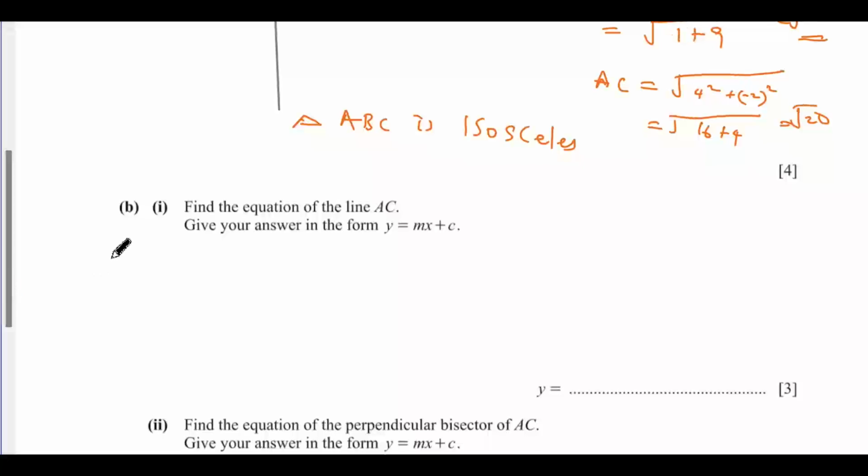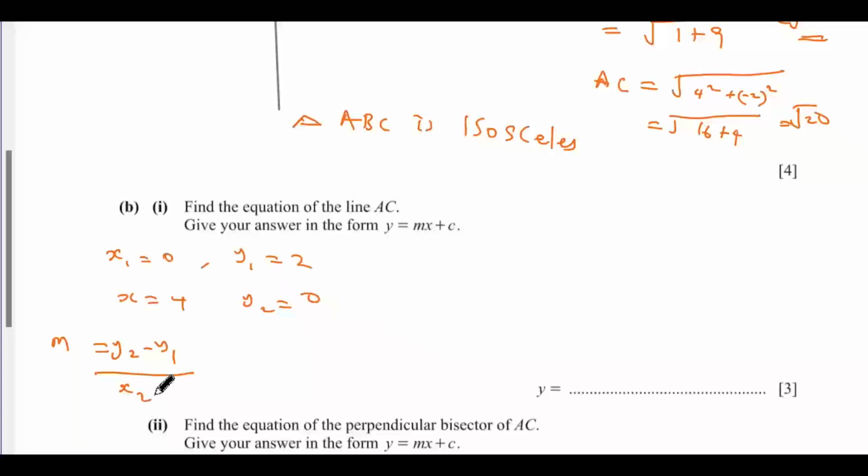So I can say x1 equals 0, y1 equals 2, x2 equals 4, y2 equals 0. So I can use this to get my gradient, that is y2 minus y1 over x2 minus x1. So this will give me 0 minus 2 over 4 minus 0, which equals minus 2 over 4, which equals minus 1 over 2. So this is the gradient.